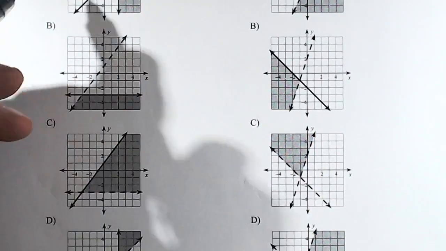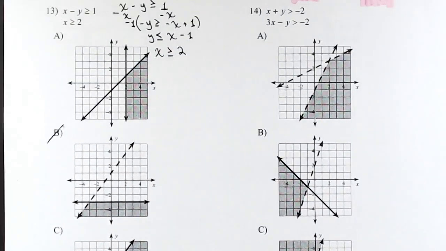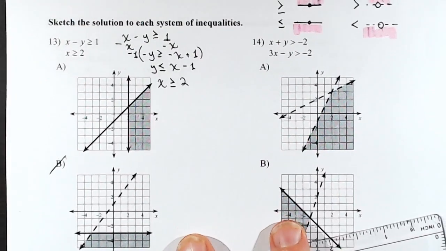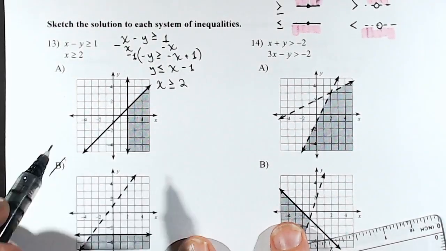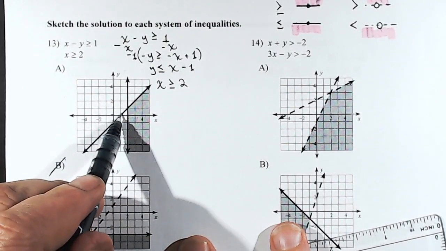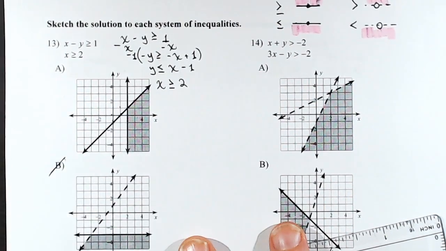So I'm just able to instantly eliminate B and D because those lines are dotted, and we want solid lines. So here I see I have -1 as my y-intercept for this positively sloped solid line. And I go up 1 over 1, I'm back on the line, up 1 over 1, I'm back on the line, up 1 over 1. This has a slope of 1.